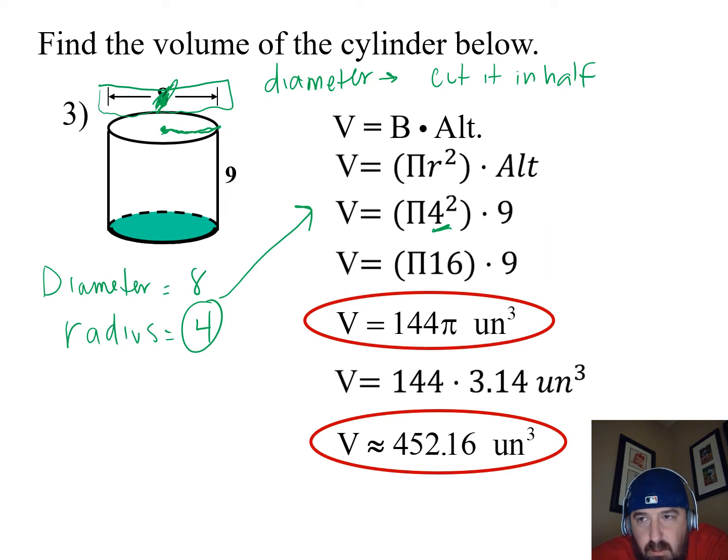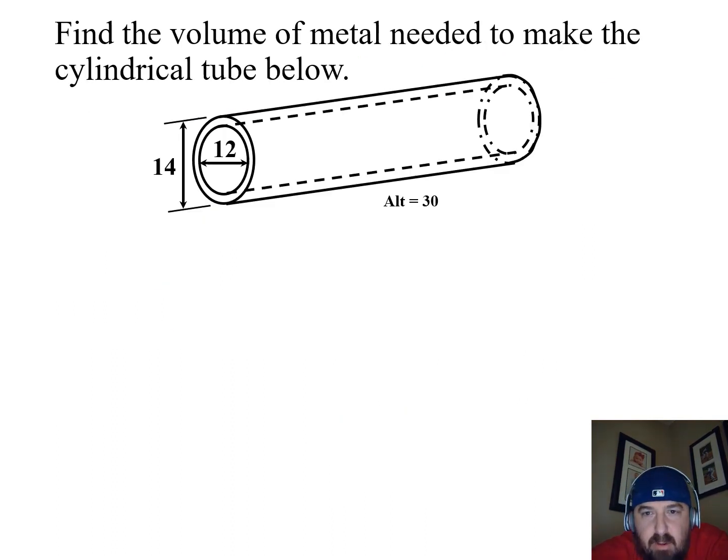Okay? All right, now the last example I'm going to show you is kind of a nifty one. This one says to find the volume of metal needed to make the cylindrical tube below. It's kind of a weird picture, but if you can tell, it's actually a hollow tube.